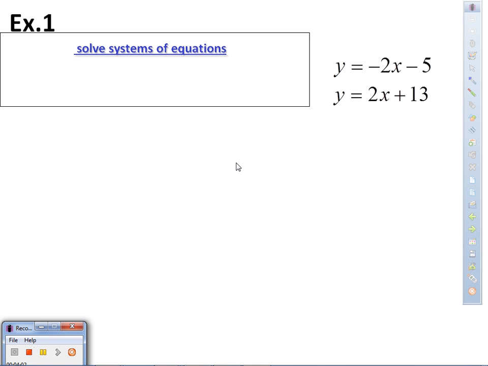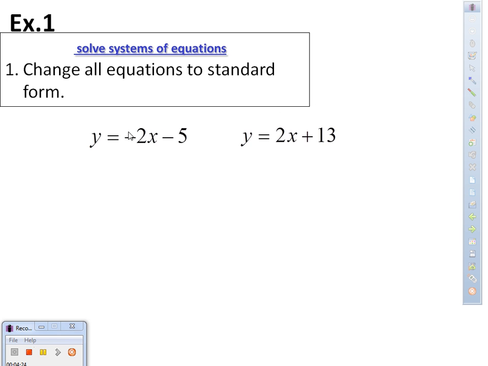So step 1, change to standard form. Everybody look up. I'm going to rewrite these side by side so I can change them into standard form. Are they in standard form? No. They are in slope-intercept form. Do you guys see that? What do I need to do here to change it into standard?